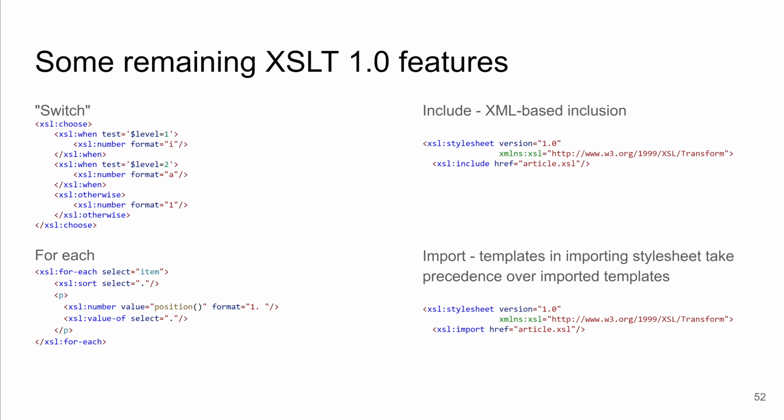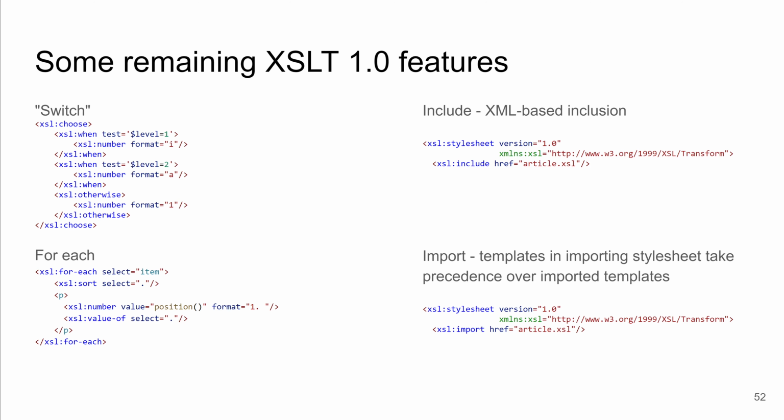XSLT style sheets can also be split into modules and included and imported into each other. There is a difference because if you use include, then the included style sheet gets included as XML basically. So the processor doesn't look at the content at this time and just takes the XSL file and replaces this XSL include element with the contents of the style sheet element of the other file.